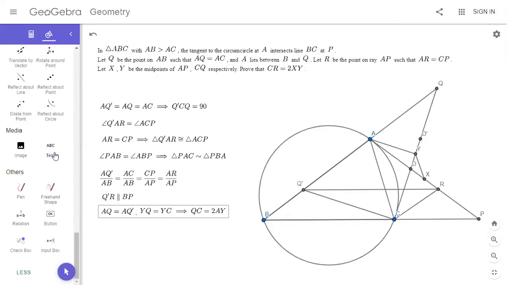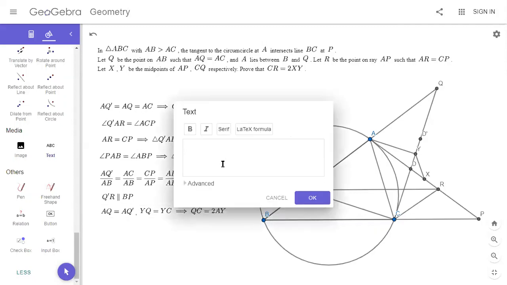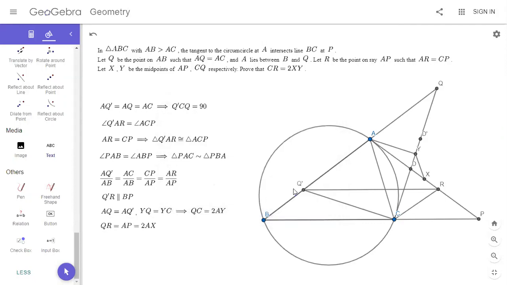I said that QR is 2AX, right? Because QR is equal to AP is equal to 2AX. And that's because QAR is congruent to ACP.